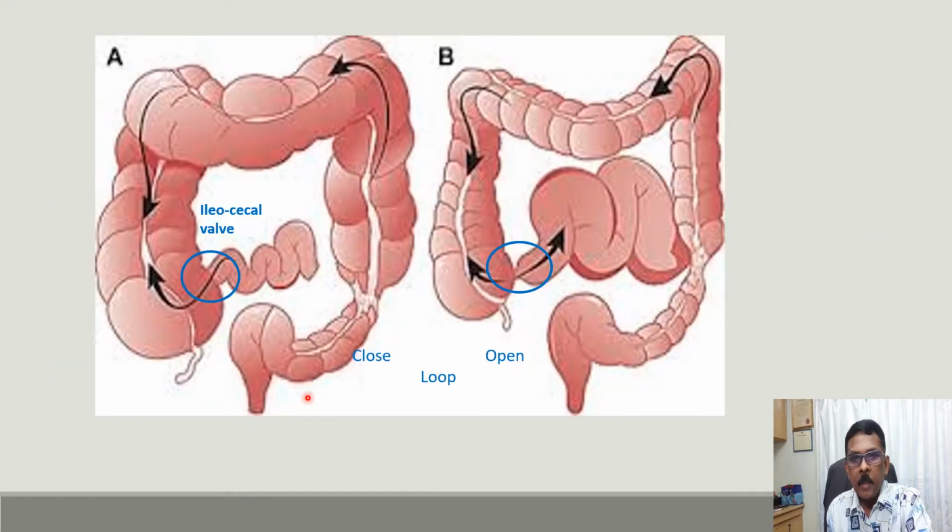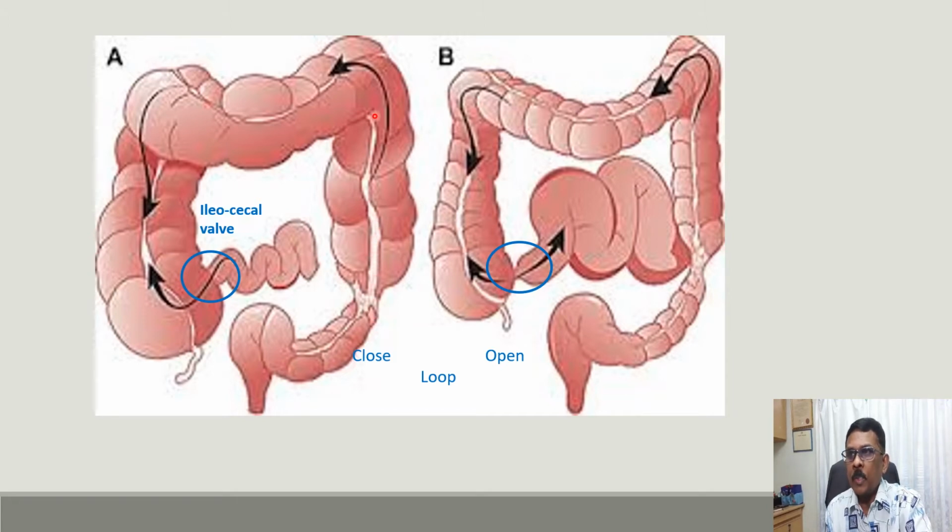Okay, these diagrams help to explain closed and open loop obstructions much more easily. This is the large intestine. There's a block, probably due to a tumor in the sigmoid colon.